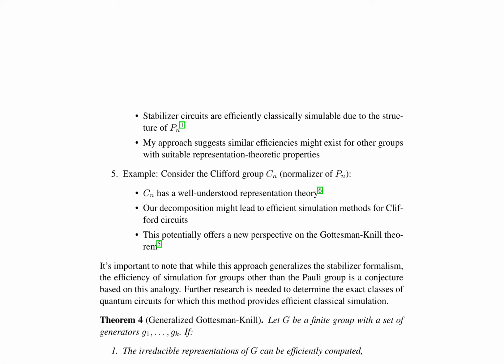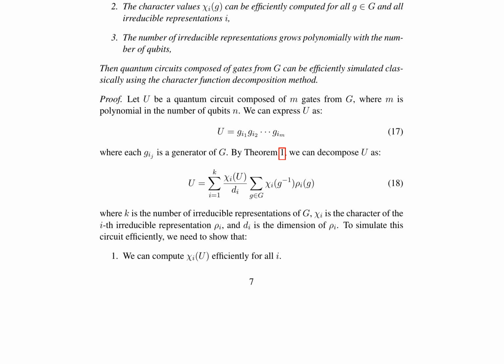The generalized Gottesman-Knill theorem provides conditions for efficiently simulating quantum circuits composed of gates from a finite group. This theorem includes requirements for efficiently computing irreducible representations and character values. The proof of the theorem involves decomposing the quantum circuit using character functions, showing that if these conditions are met, classical simulation is possible.